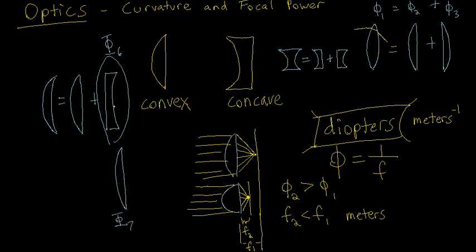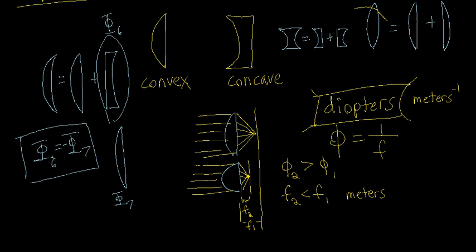If these curvatures are the exact same, then they are the exact opposite of each other in focusing power. Let's actually put a minus sign in there. So this is the point I'm trying to get across. Opposite curvatures, opposite focal powers.